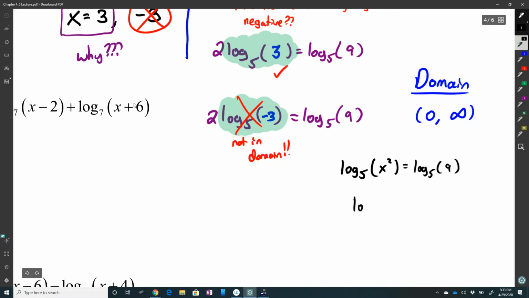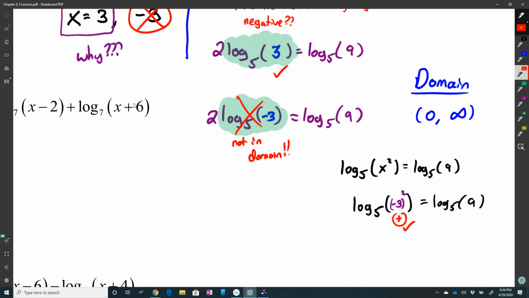If this was my problem, I would have plugged in 3 squared, and that works. I would have plugged in negative 3 squared, and notice that negative 3 squared is positive.